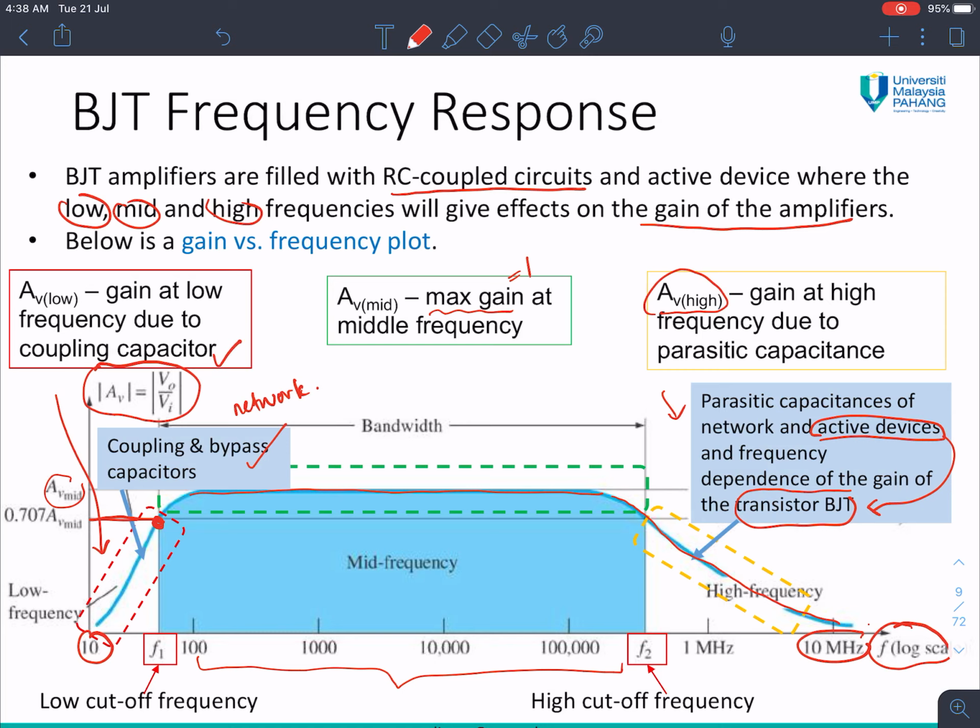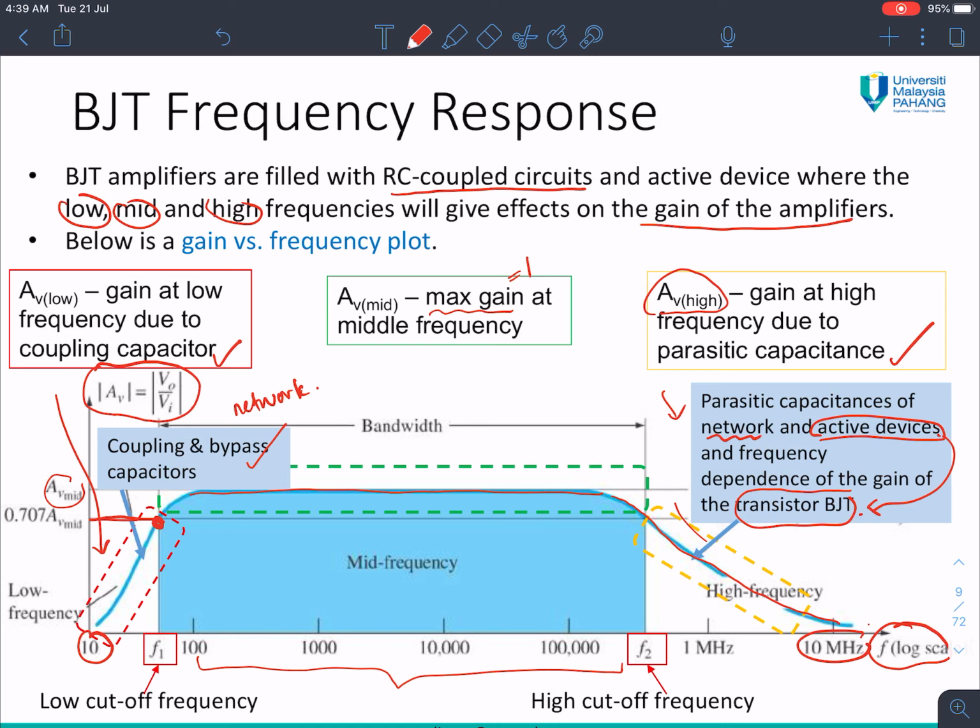Second one, the gain is low again at the high frequency due to parasitic capacitance. This parasitic capacitance is mostly inside the active device, which is the BJT, and a little bit from the network.